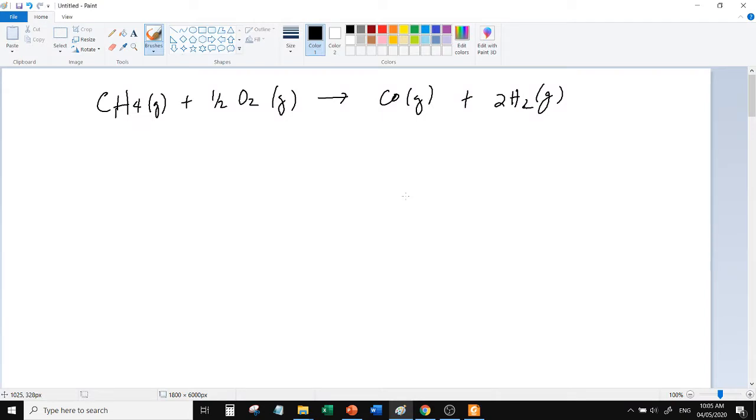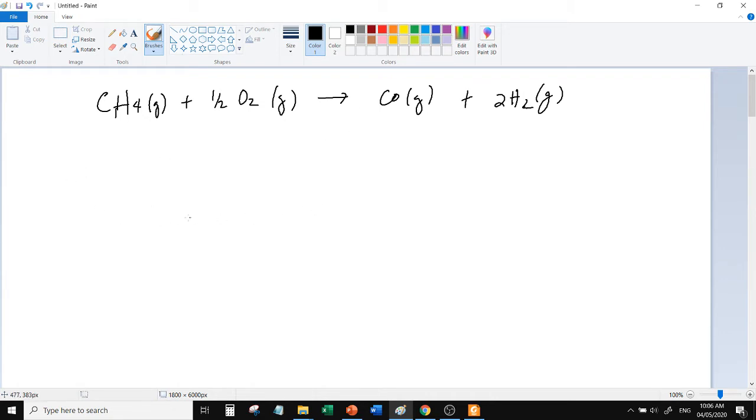I already wrote the balanced combustion reaction for methane. So the first step that we need to do is to make a hypothetical path of the combustion reaction.